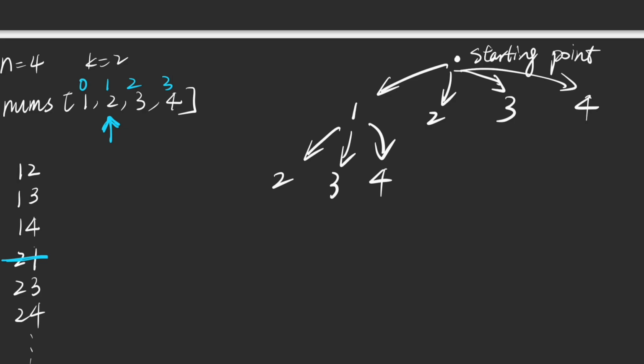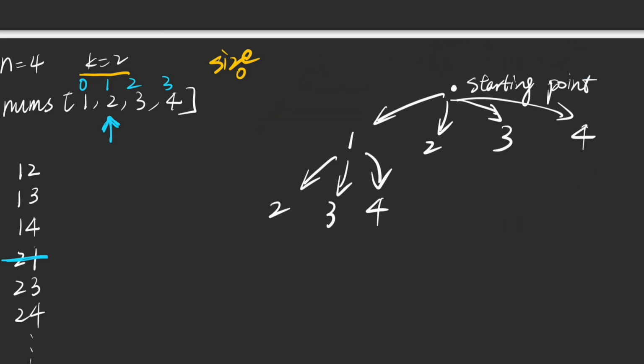How about from the level side, we only have k equals 2, so it means the size of the list is, for example, at the starting point our size is 0, and then at this level our size is already 1, and then size is 2.